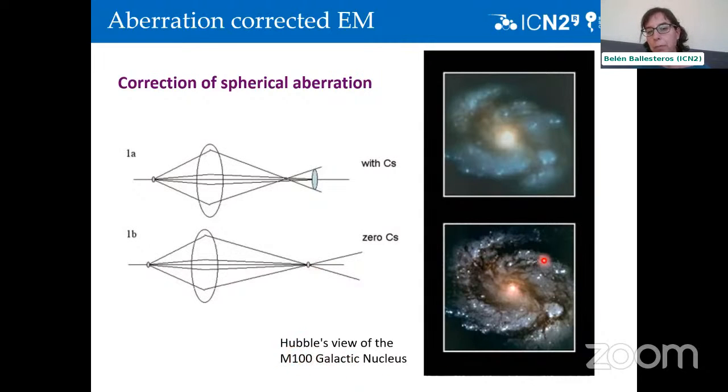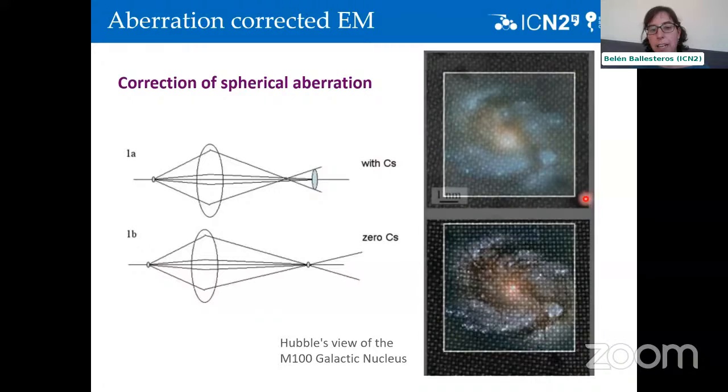When it came back, they got this type of images, and they were surprised, saying, we spent millions of dollars, and this is not the image we were expecting. Then they realized that the lenses had spherical aberration, so they sent a mission to correct for it, and this is the image they got afterwards. So you can see why these are important.